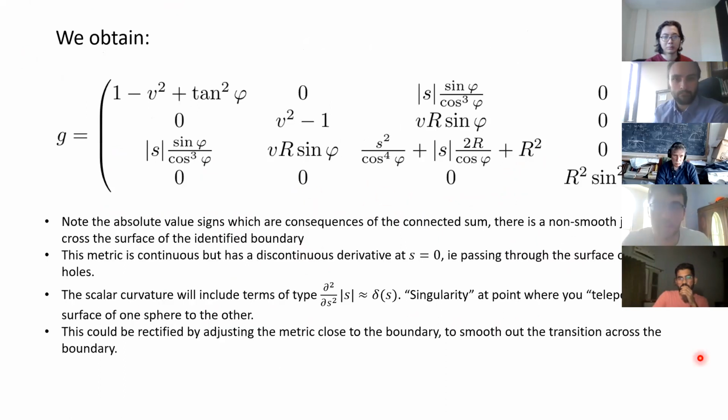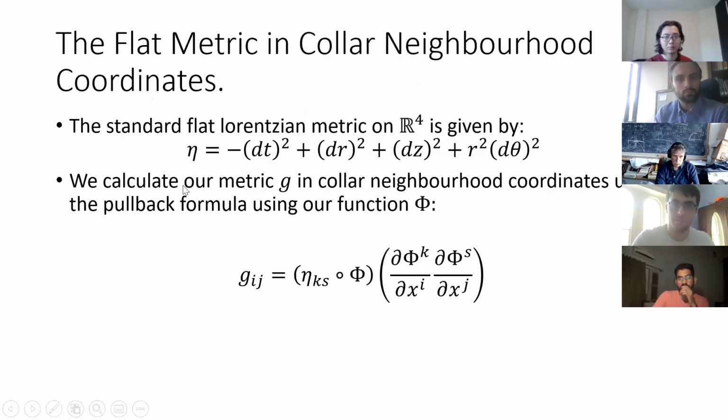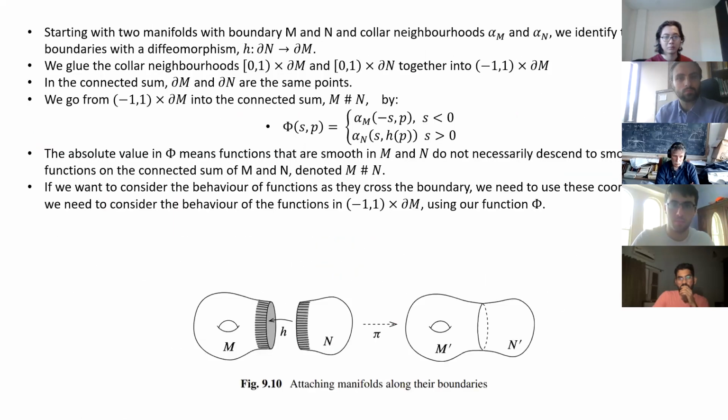And this is the result basically. This is the matrix of components of the metric, and most of this is just all these sines and tans from the coordinates we've used. But the important point is that there are absolute value terms, and these absolute value terms come directly from this thing here, because when we're going through here, we have to switch directions at this point, and that creates not a discontinuity, but a non-smoothness in the charts basically.